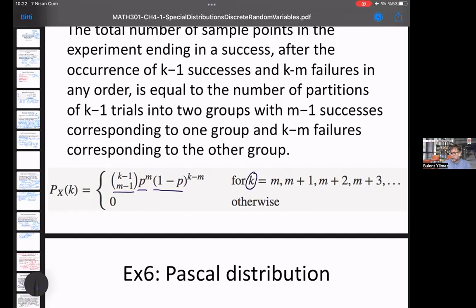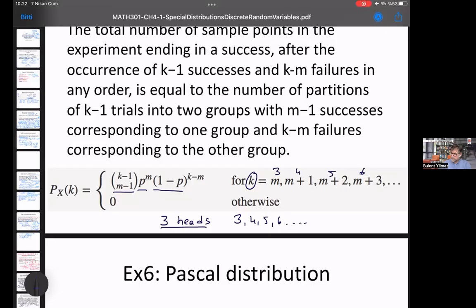Let's say you want to have 3 heads, right? And how many flips can you have? You can have 3 flips, 4 flips, 5 flips, 6 flips, and many more until you reach 3 heads, right?